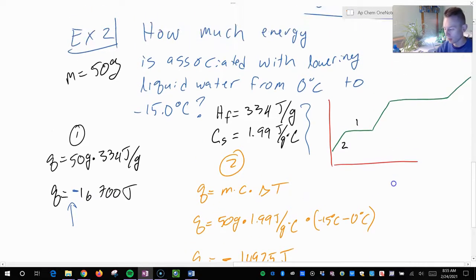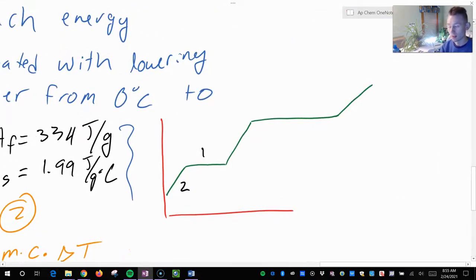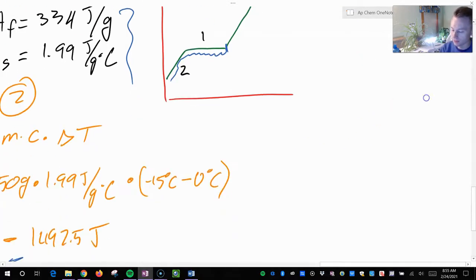Oh, I should explain this. This is a two-parter because we start here, and then it has to freeze, and then it has to cool down a little bit. So the first part you have to go through a phase change, has to freeze, and then second part it actually has to change its temperature. So 2 parts, 2 calculations. There we go.